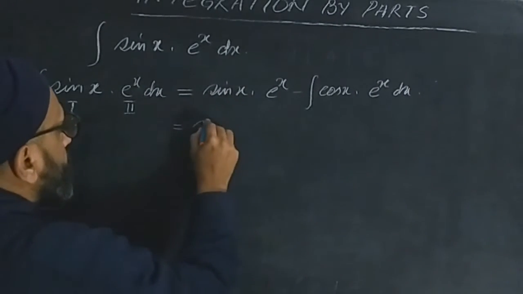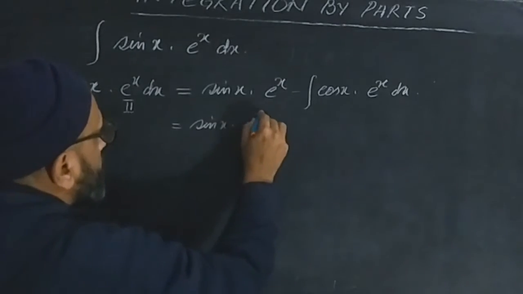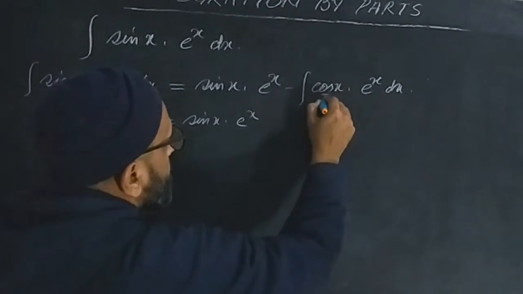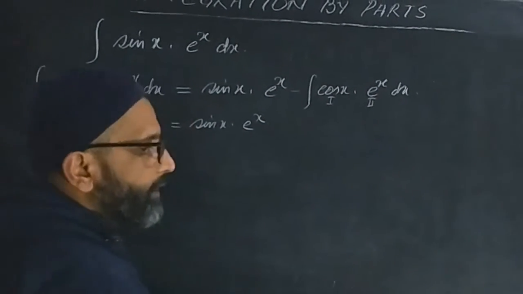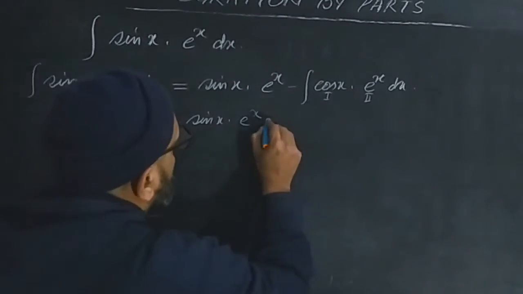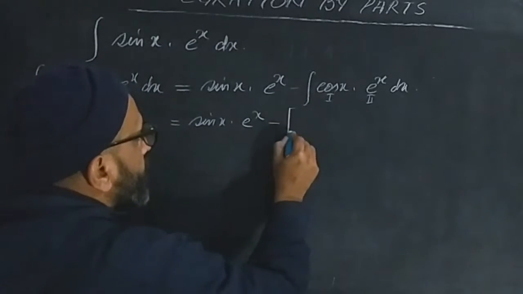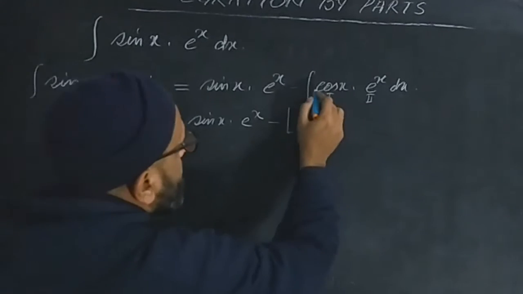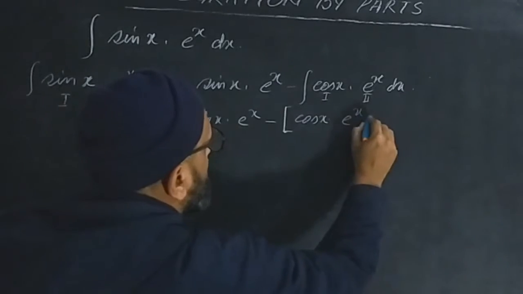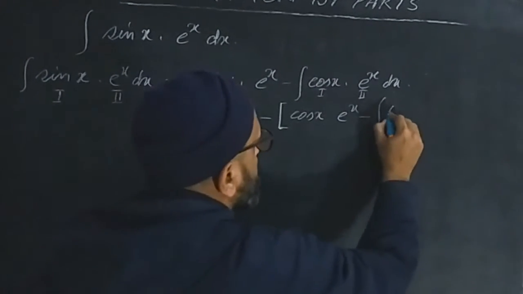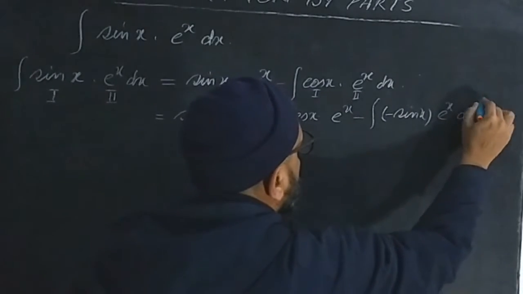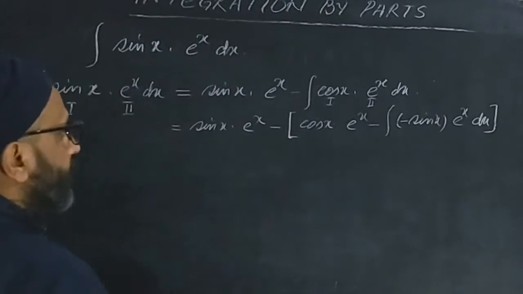So sin x into e raised to the power x, again we need to use integration by parts, taking this as first and this as second, because the exponential function according to the ILATE sequence should always be assumed as the second one. So minus, and putting a square bracket, applying integration by parts in this now, first function as it is, integral of the second minus integral as a whole, differential of first, that is minus sin x, and integral of the second e raised to the power x dx, bracket close.